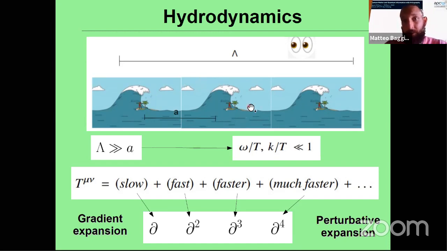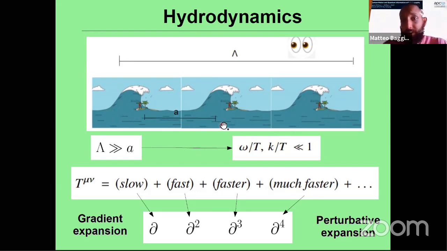Hydrodynamics is everything that refers to these systems at lengths lambda, which are much larger than a. If we want to translate this in Fourier space, this just means that we are considering small frequency and small momenta compared to the characteristic energy scale. The characteristic energy scale, if you are in a system at finite temperature, is clearly given by the temperature. So we want basically these kinds of assumptions.